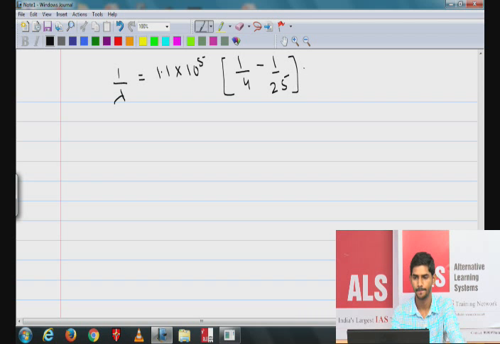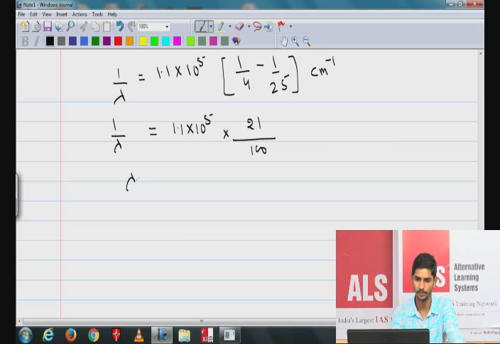Guys, remember I have not written any unit over there. This is centimeter inverse. The unit right now is centimeter inverse. 1.1 into 10 to the power 5. Take LCM, you will get 21 over there, which is equal to 1 by lambda. So lambda would be equal to 100 upon 1.1 into 10 to the power 5 into 21.